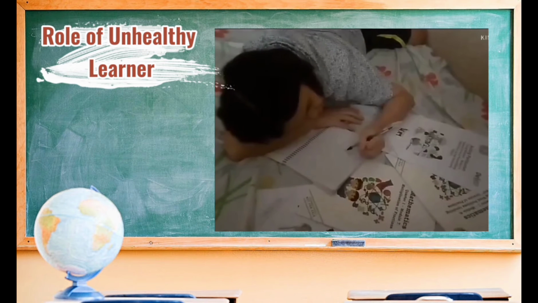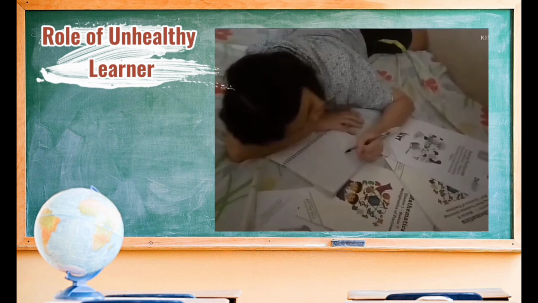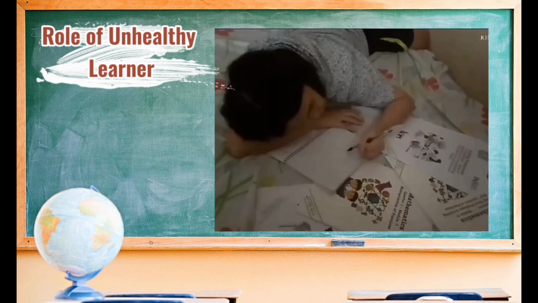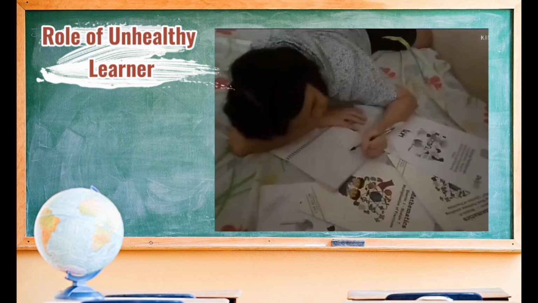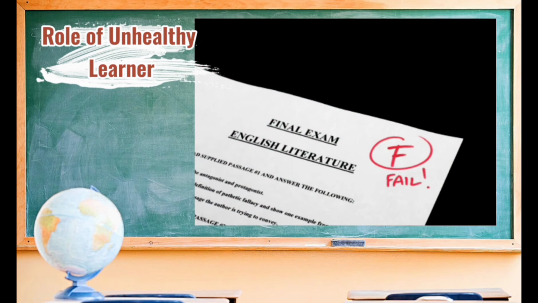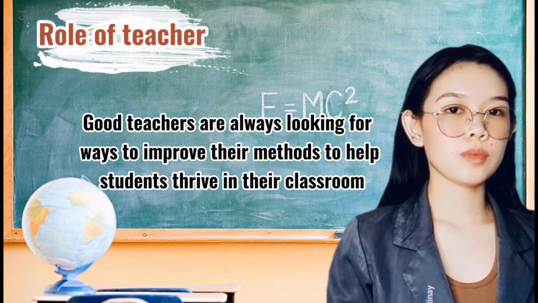Because their stomach is empty, their mind will focus more on how he or she will meet the need to eat breakfast. And that is one of the factors why learners become unhealthy, because they have a problem to solve and it will lead to bad grades. So next is the role of the teacher.